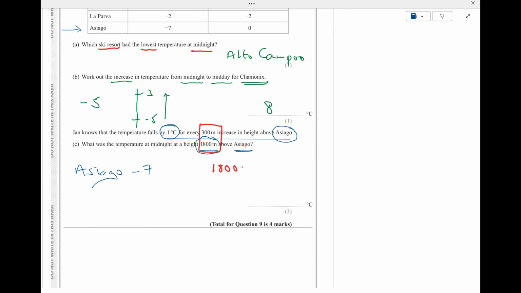See, 1,800 divided by 300. So it's going to be 6 increases of 300 meters. And for each of those increases, the temperature falls by 1. So it's not going to be -7 anymore, it's going to be 6 degrees lower. So -7 minus 6 is -13.